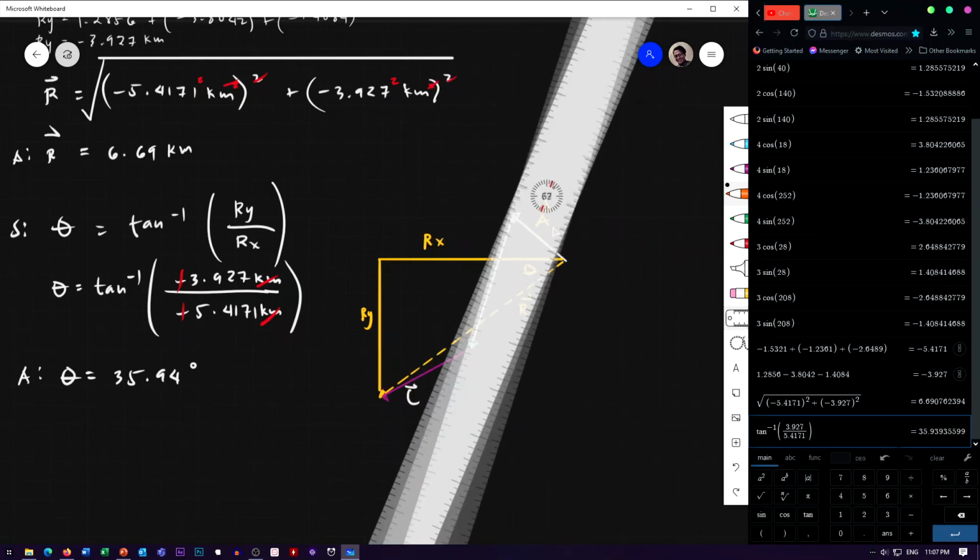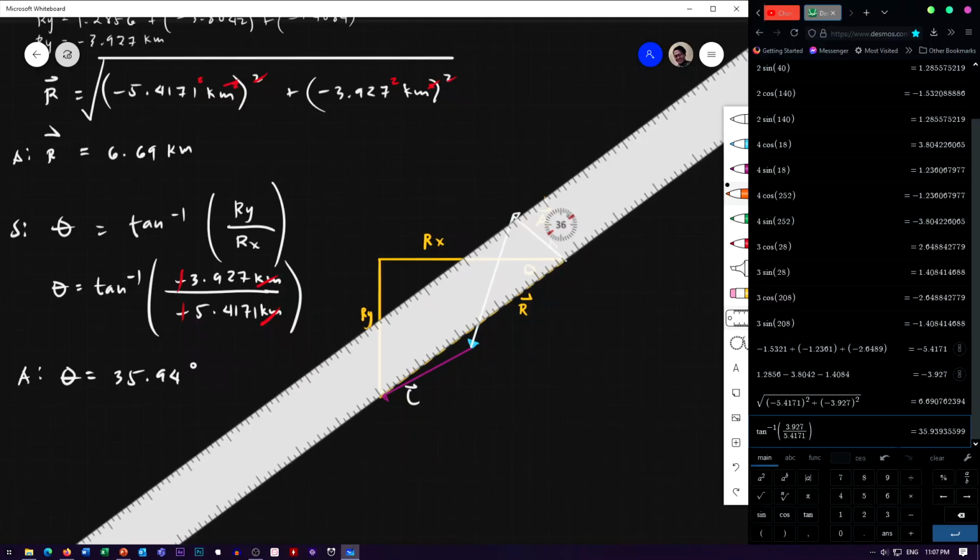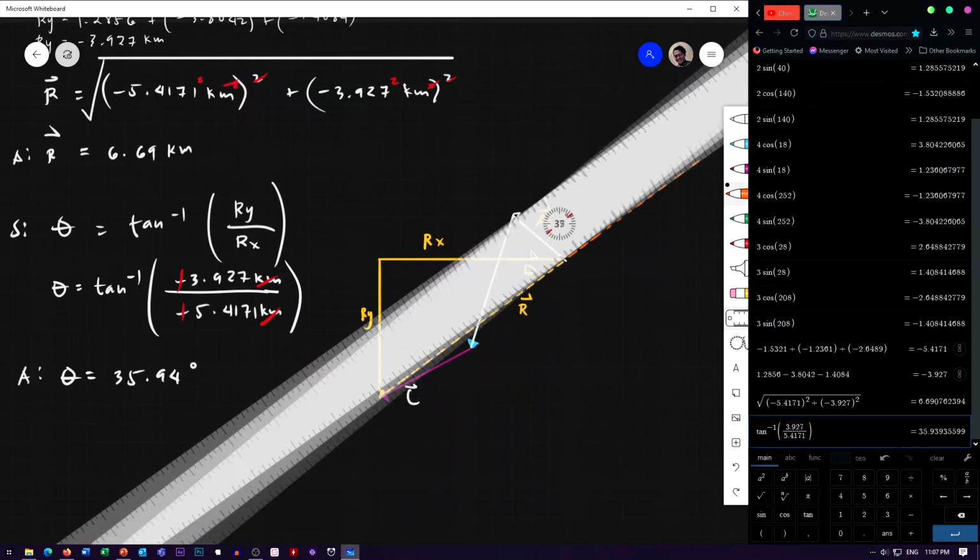Okay, so you could see, even our measurement on our ruler and protractor is almost very close. Okay, so I'm going to draw this. Then I'm going to draw its triangle.